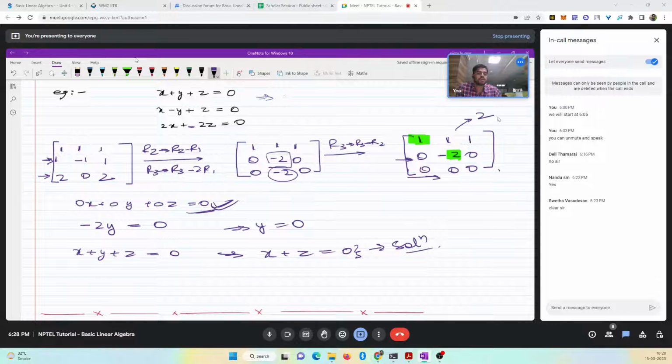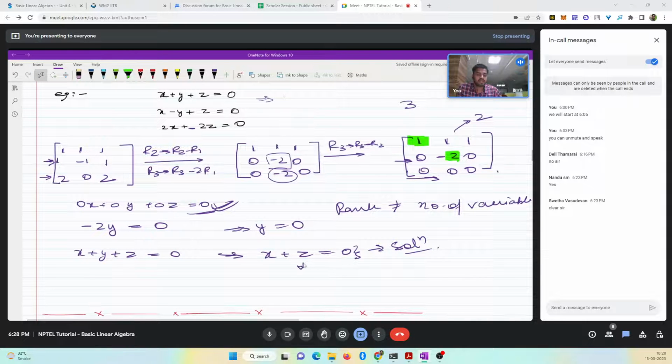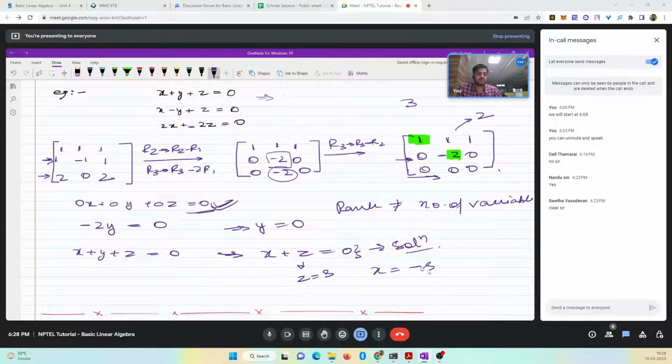We have 3 variables, so our rank is not equal to the number of variables, and we will have infinitely many solutions. Let's say z is equal to s, then x is minus s, right?